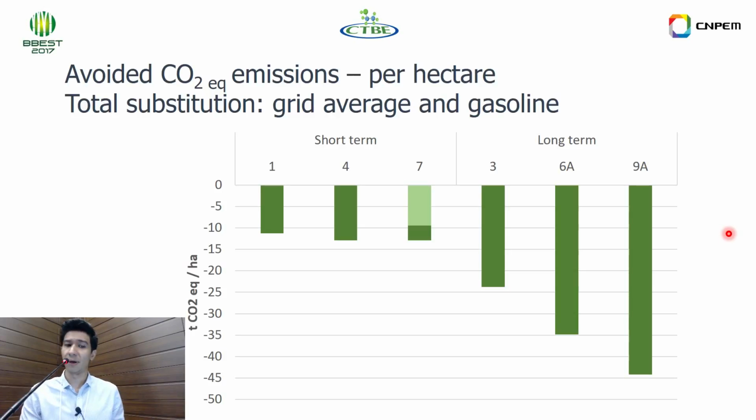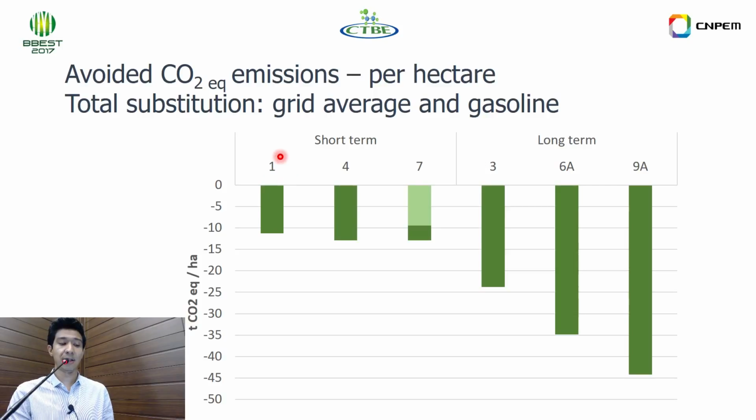Here is, I think, the last chart that depicts the impact of 2G ethanol. This represents the CO2 equivalent emissions that I can avoid with 1 hectare of sugarcane or, depending on the scenario, energy cane.